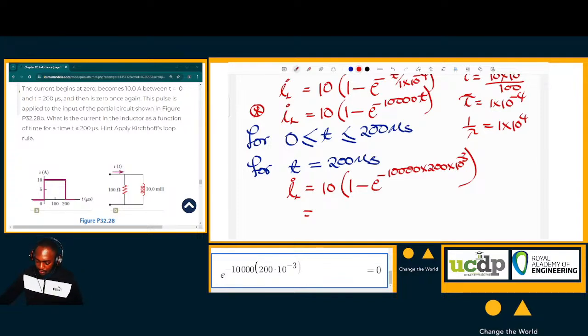We get, did I do this correctly? No, I don't think so. What am I missing? Exponential negative. Well, let me just do this.